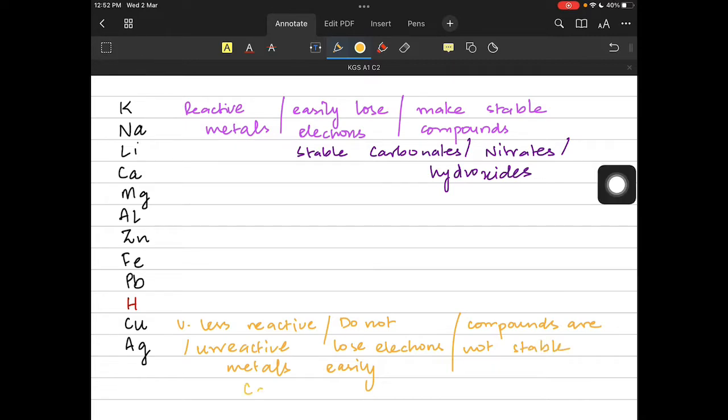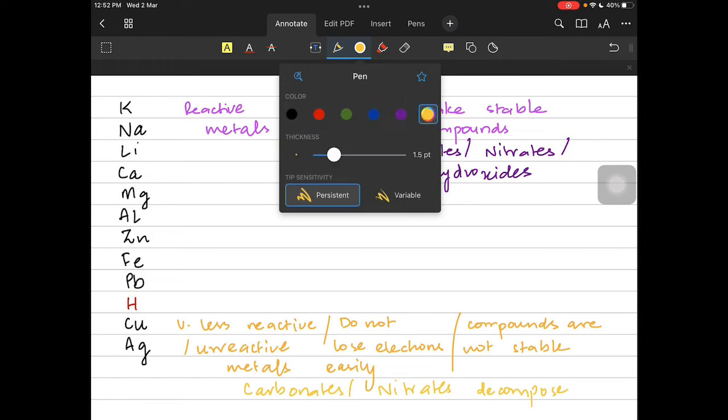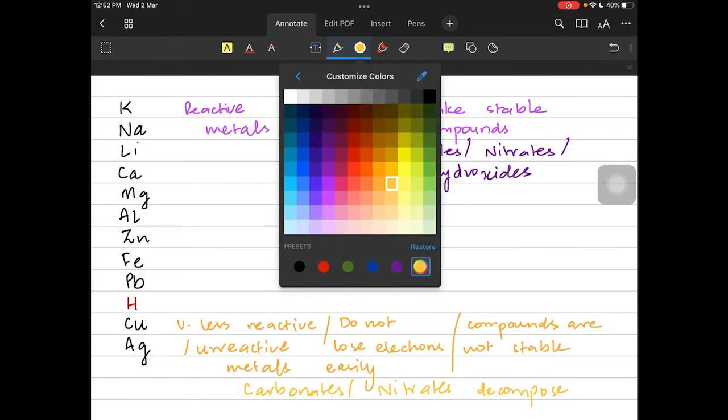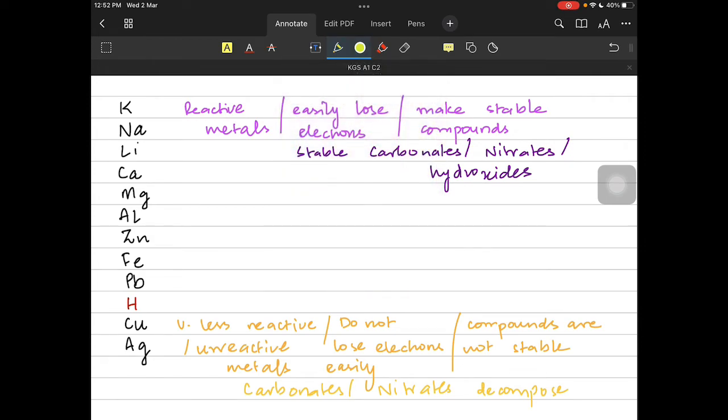For example, the carbonates and nitrates of copper and silver are not stable, they decompose really quickly, and then you get the pure metal or perhaps another substance really easily. For the metals in the middle, reactivity varies. For example, a calcium compound would be more stable than an iron compound, because that's a comparative reason here.